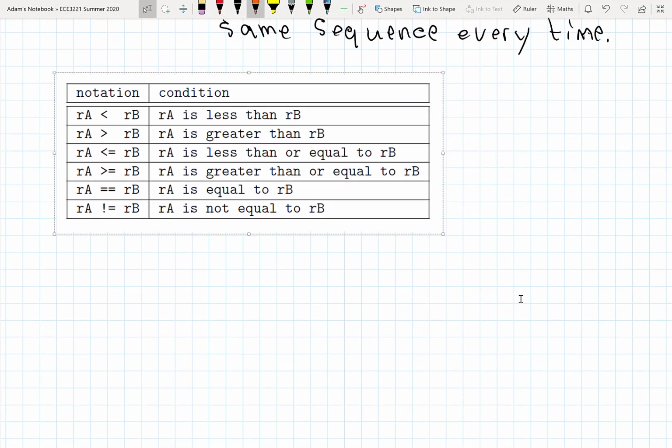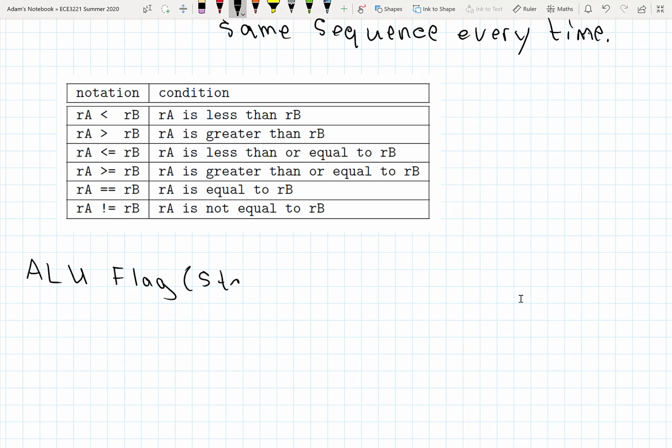One other aspect of the processor that is important to be aware of is the ALU flag register. And flag is just a fancy name for status. It's really just another form of a status register, but specific to the outcome of operations within the ALU.